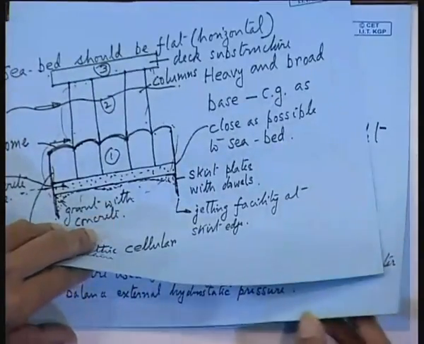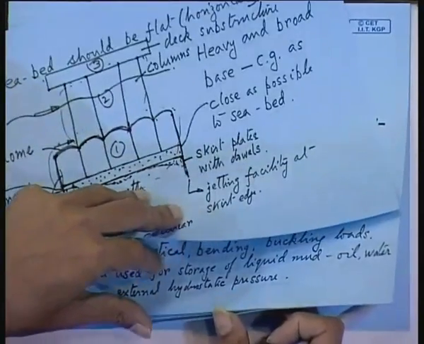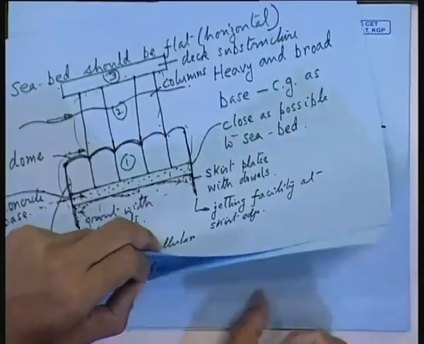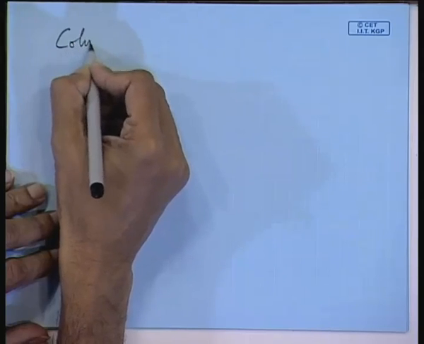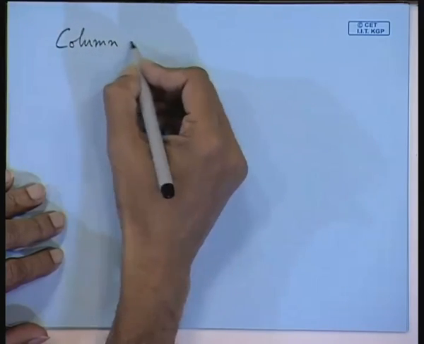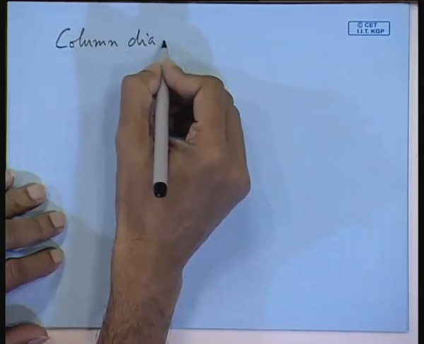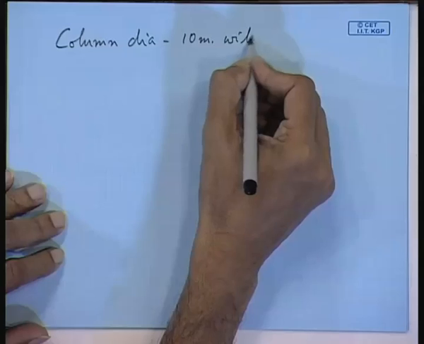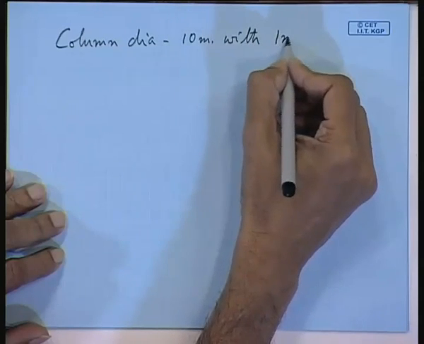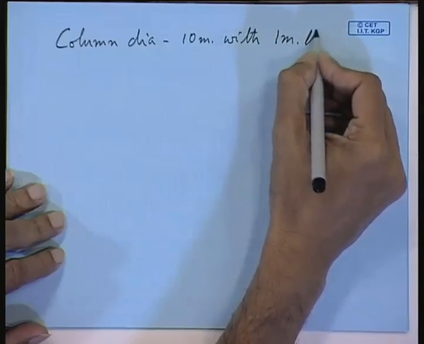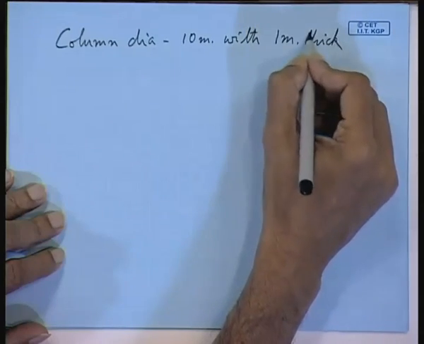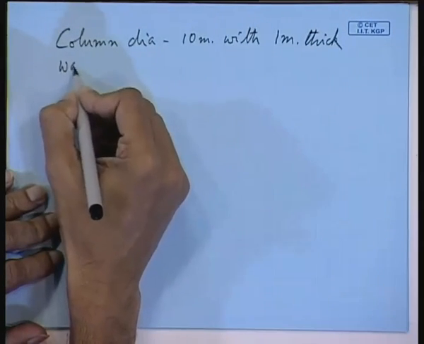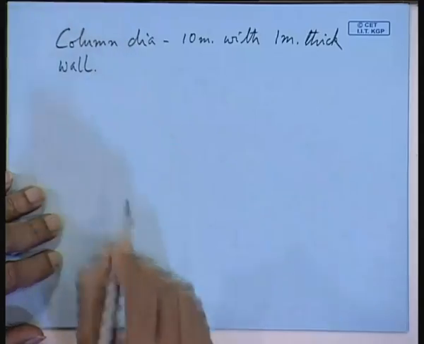Column diameter can be as large as, say, 10 meters in diameter with a 1 meter thick wall. That is the column wall thickness.